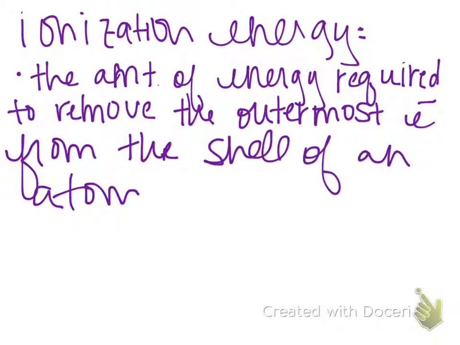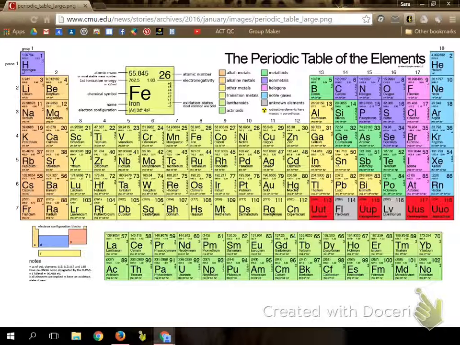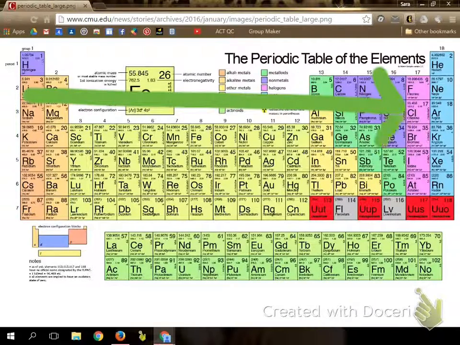What about fluorine? Can you predict a high ionization energy or a low ionization energy? A high, right? It has 7 valence electrons. There's no way it's giving up one, right? It wants to take one. So if we look at our periodic table this time, we can guess and we can know that our ionization energy increases as we go to the right, and increases as we go up.